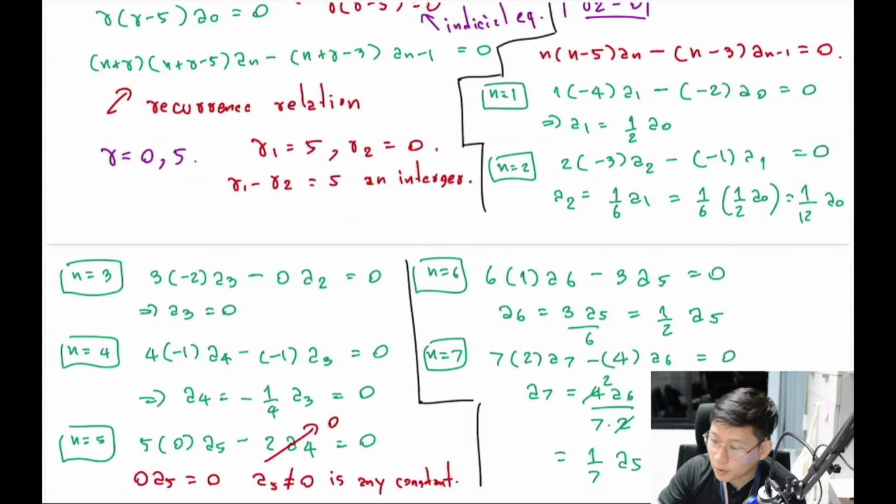Okay, 1/7 A5, that will be A7. Let me look here whether or not I get things right.